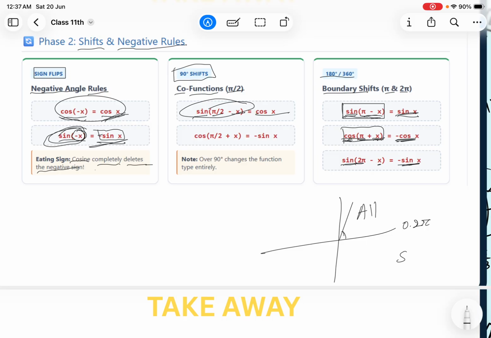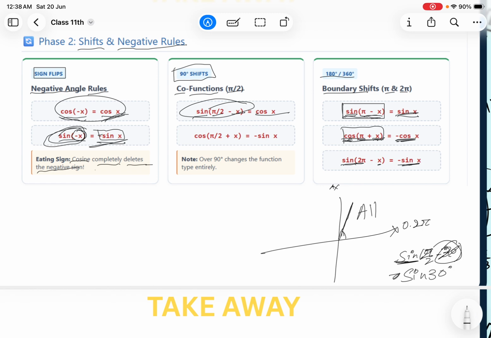And if we make any angle like sine pi by 2 minus 30, or theta or x, let's say it's x, then sine will always be positive in this first quadrant. So it will not change, because we are checking with respect to x. So we will get sine 30 degrees, or sine x or sine theta, whatever you can say.